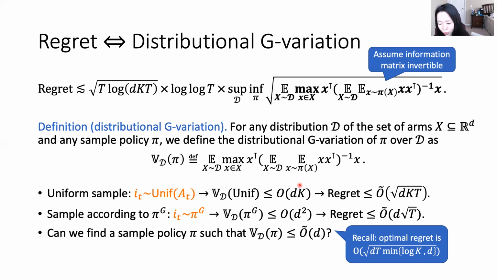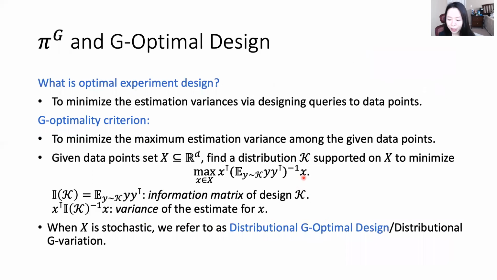Here is where we are going to use the so-called distributional G-optimal design as mentioned in the title of this paper, which is basically a stochastic extension of the G-optimal design. Okay, let's recall what is G-optimal design, which is a well-studied branch in statistical learning. So first, what is optimal design?